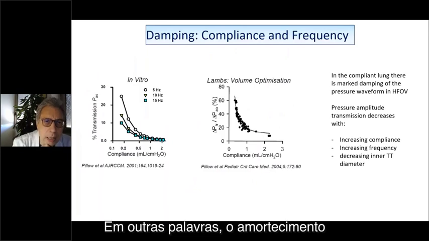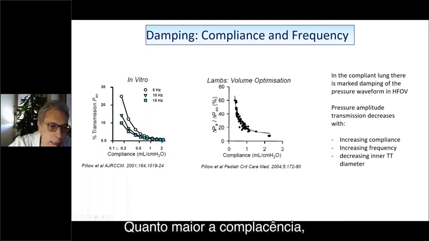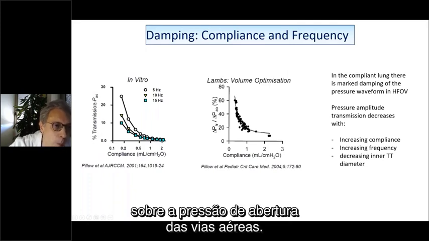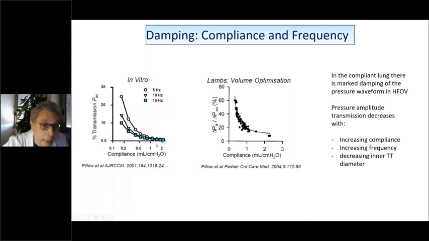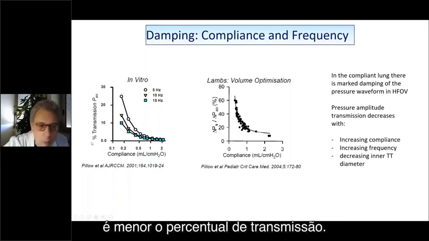In other words, the damping is dependent on the compliance and the frequency. You see that the higher the compliance, the lower will be the percentage of the transmission of the airway opening pressure. Okay, and another important aspect is that the higher the frequency, the lower will be the percentage of the transmission.